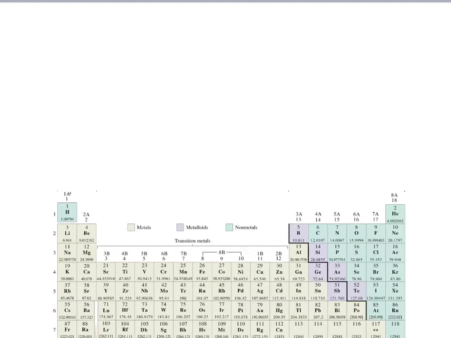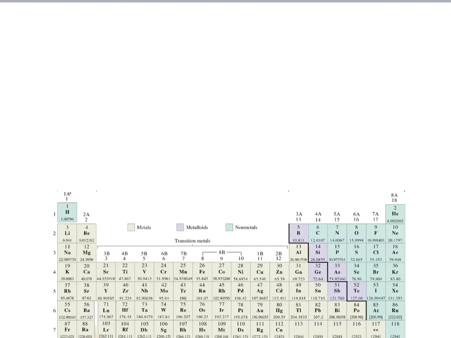Then we can go to the n equals 3 shell. This is n equals 1. In the n equals 3 shell, we only have 1 electron there. If we draw that in, we just have this 1 electron hanging out. So what does that mean for this 3s1 electron?